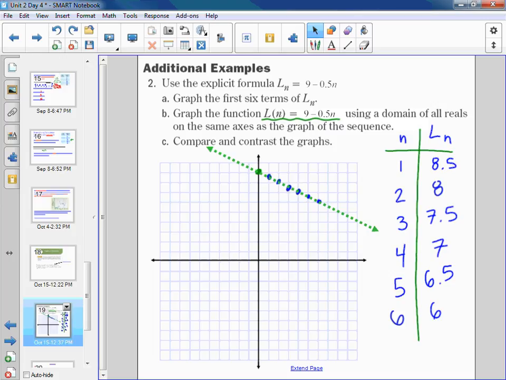Are my blue points connected? Did I connect them with the blue line tool? No. Are the green points connected? Yes. My sequence is discrete, disconnected points, right? My linear function here, my L of n, is continuous, connected points, and that's how I keep it straight.